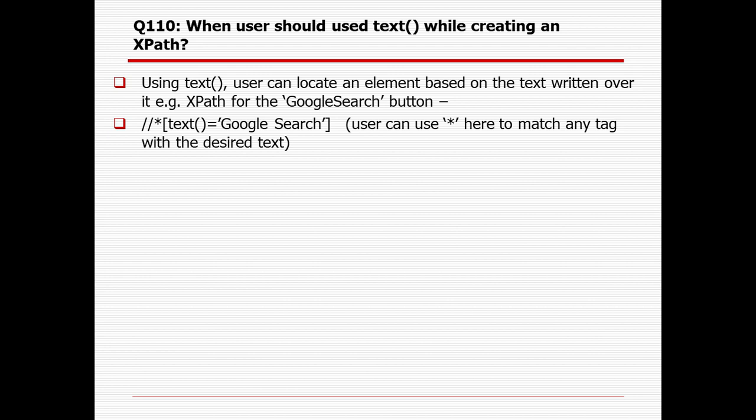So we know the text of the word. We can create the XPath using the text: double slash star, text equal to Google search. Or, in case of the tag name, if it is input, double slash input, text equal to Google search. That's how you can create the XPath using only the text.